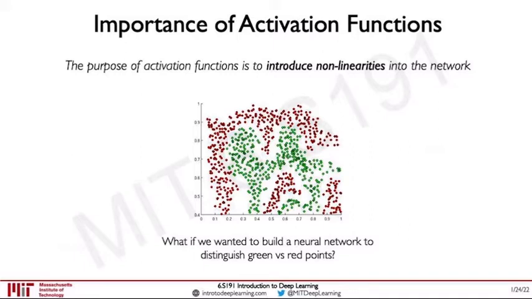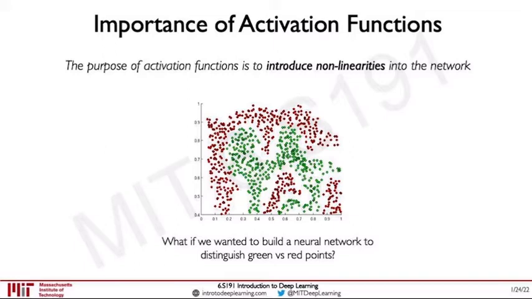And when a real-life situation is highly complicated, the form of activation function that is going to work is the one that can induce non-linearity into the network.